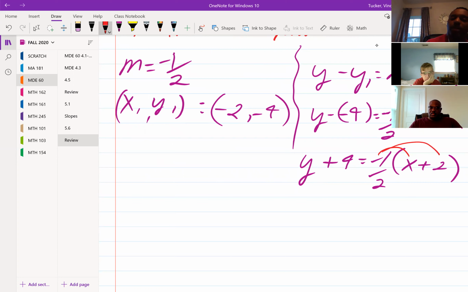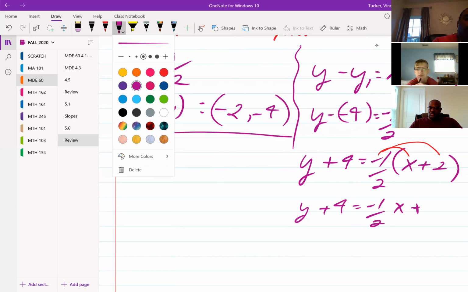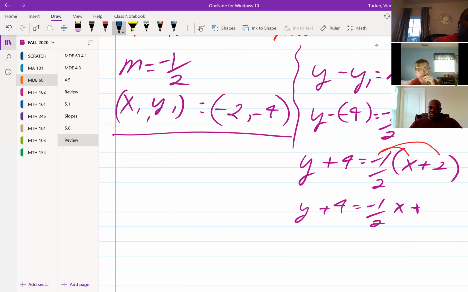Distribute the -1/2 into the parentheses. That negative 1/2 times 2 is negative 2 over 2, which is just negative 1.